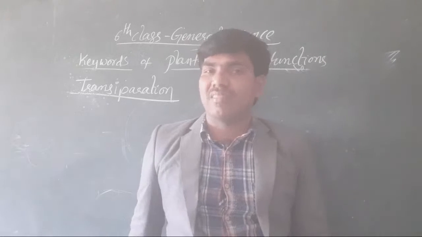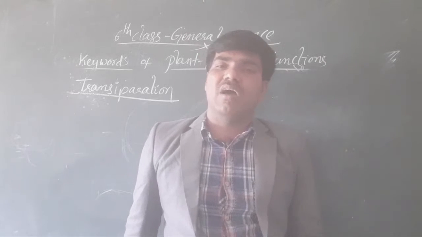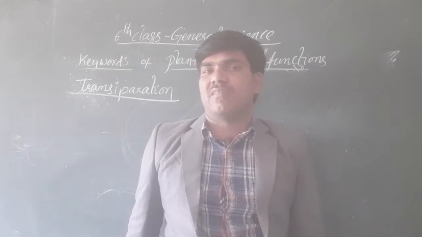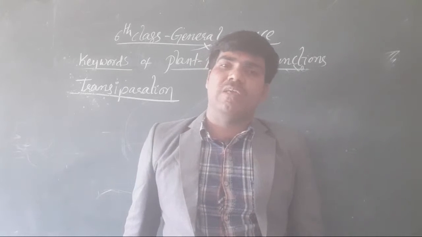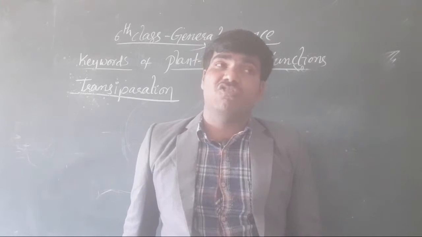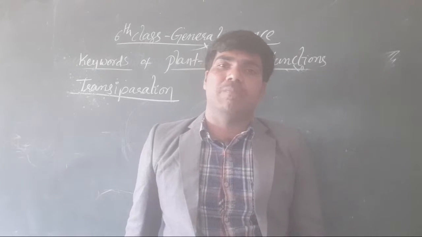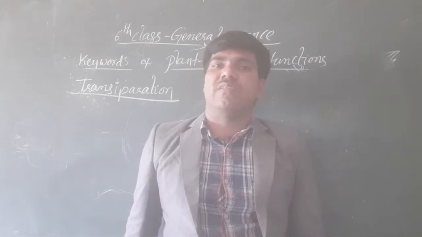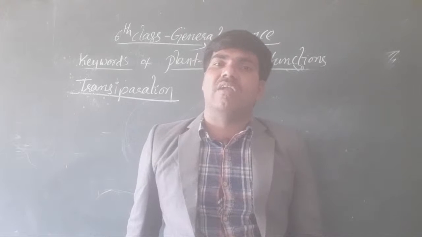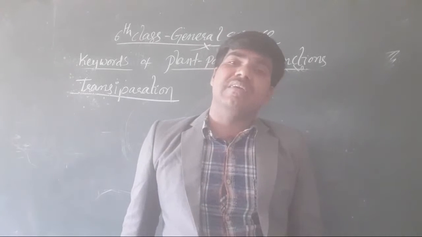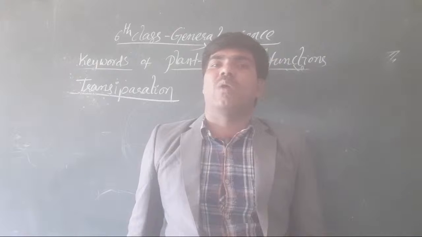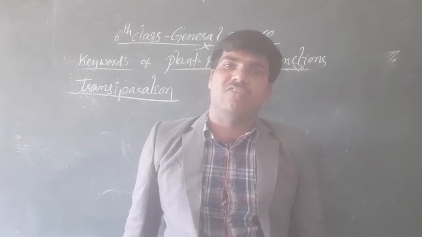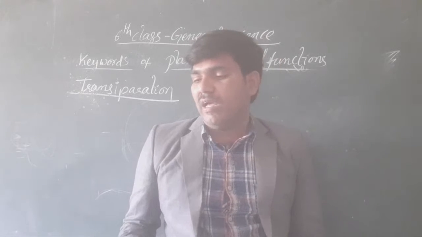There are somewhat hair-like lines on the leaf which give shape and support to the leaf. When they are arranged in the form of a web, it is called reticulate venation. If they are arranged parallel to one another, it is called parallel venation. This is about venation.